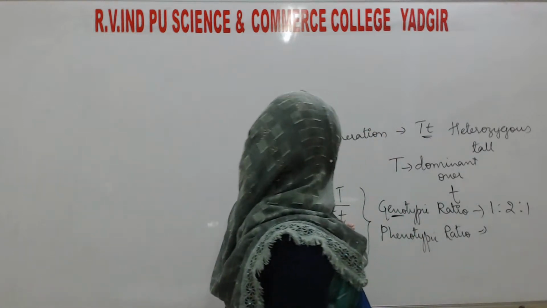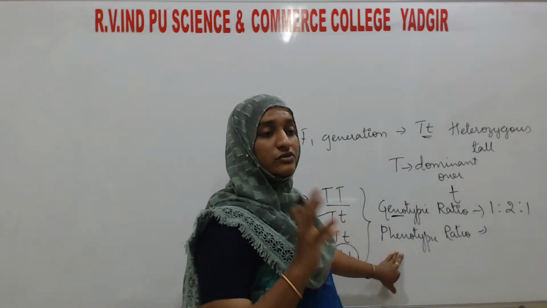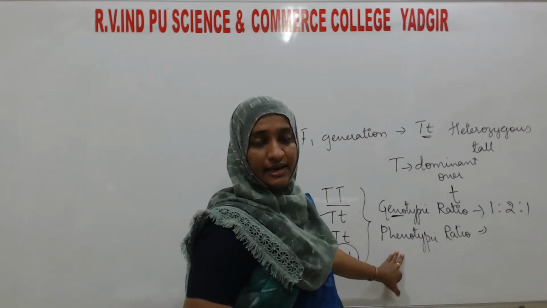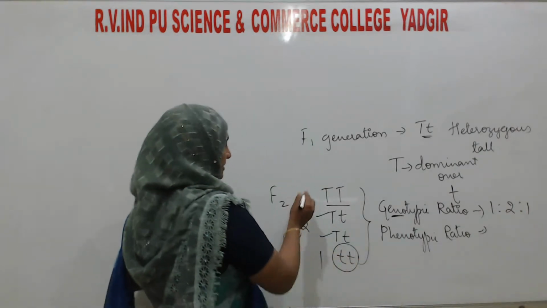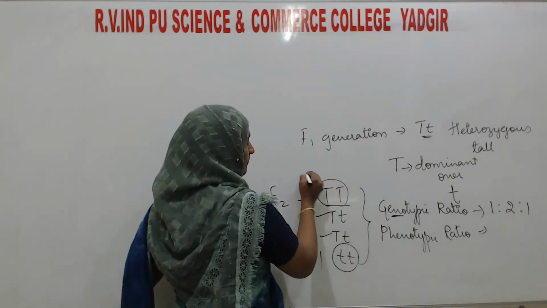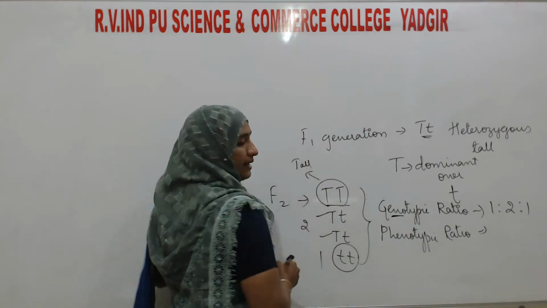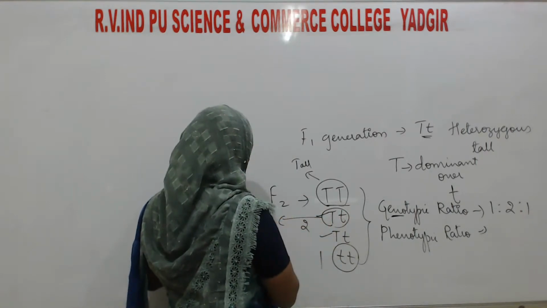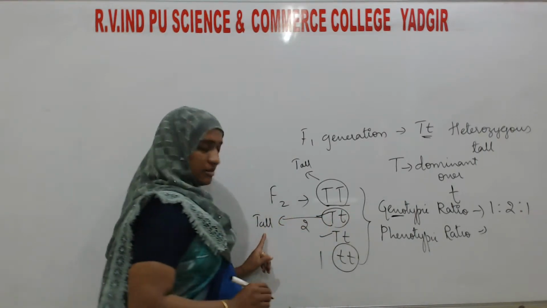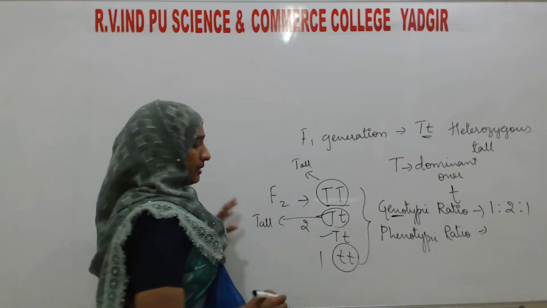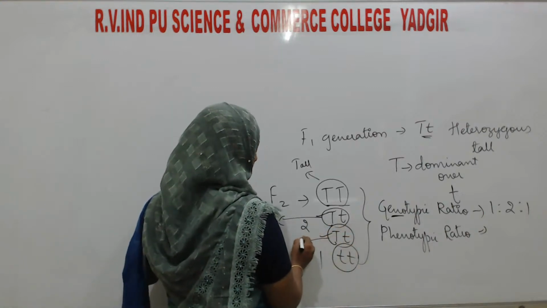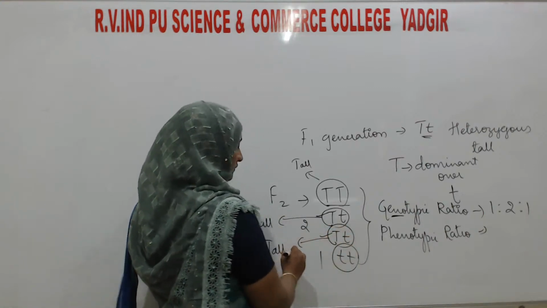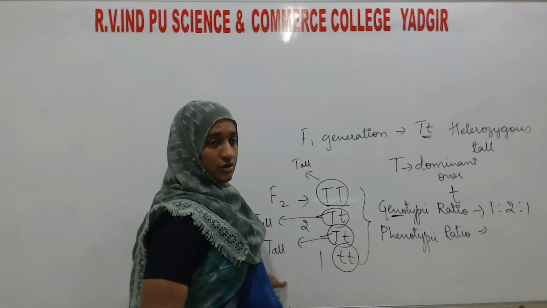Then in the phenotypic ratio, phenotypic means we have to see only the external characters. So this is the tall, which tall? That is the homozygous tall. This is also tall, but this tall is the heterozygous tall. This is also heterozygous tall.